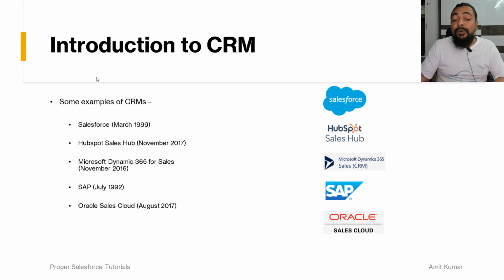Oracle has its own CRM tool, which was released in August 2017, and Criteo, which was released in February 2011. So you can see the oldest CRM tool among these is SAP, and after that Salesforce was introduced. But now in the CRM industry, Salesforce has the maximum share available. Hence, it is the biggest CRM tool available in the market.